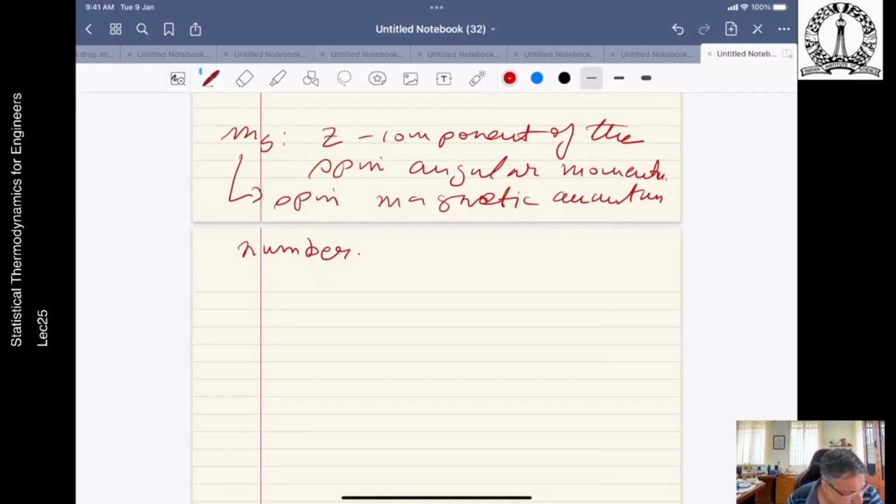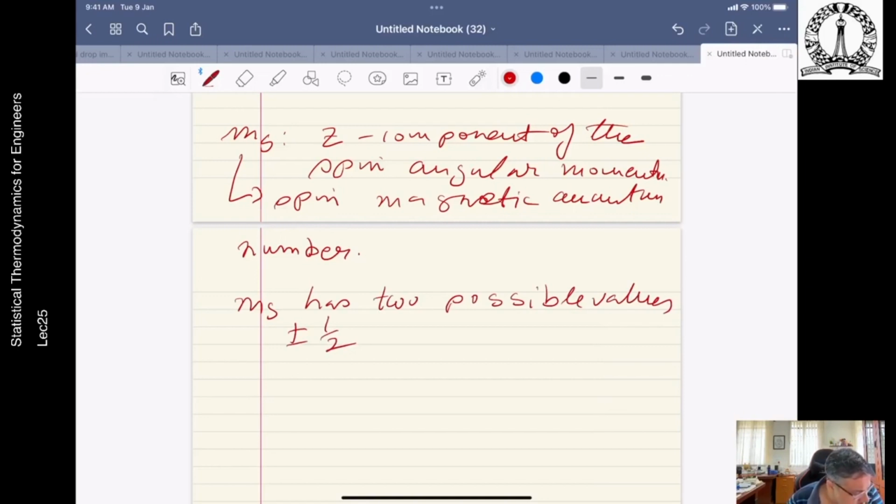So already you see that the quantum states are defined by L and ML. Now there are 2 possible values of the 4th quantum number. So MS has 2 possible values, plus and minus half.